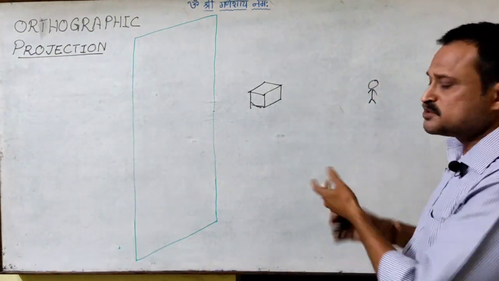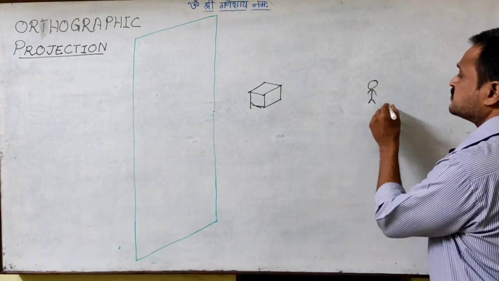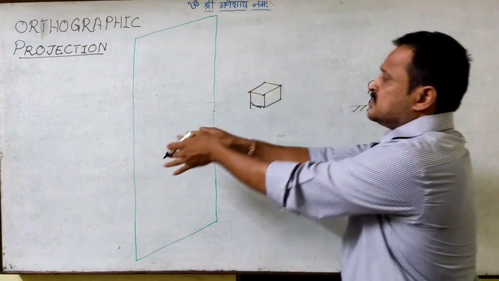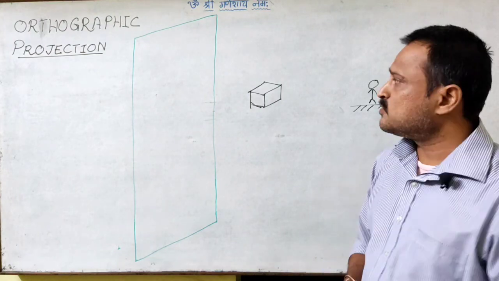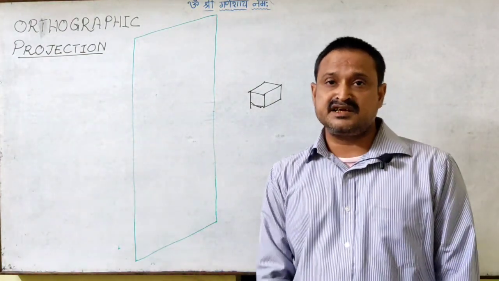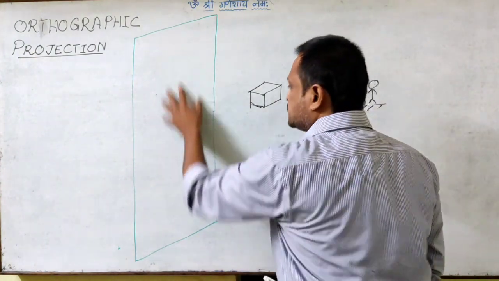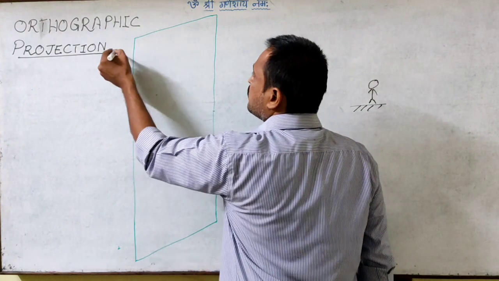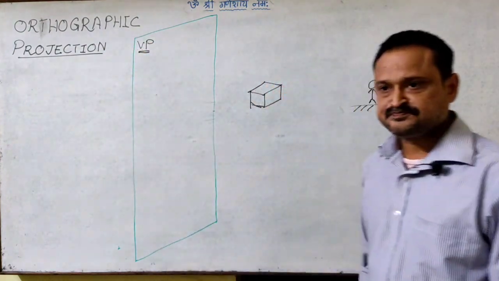Now here I have put the condition such that the observer is standing on the ground, so I am getting the screen to be a vertical screen. Now in drawing we take this screen as an imaginary reference plane which is vertical, so we are calling it the vertical plane, or in short VP.